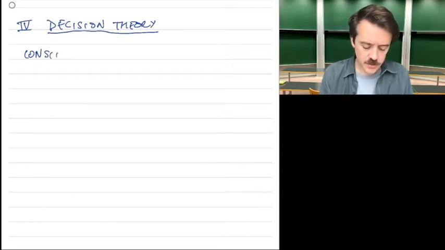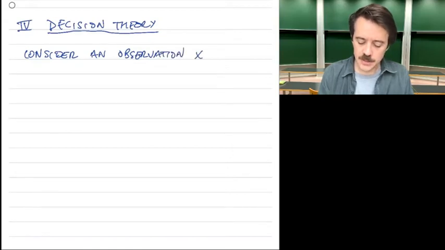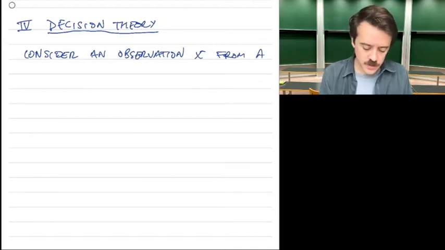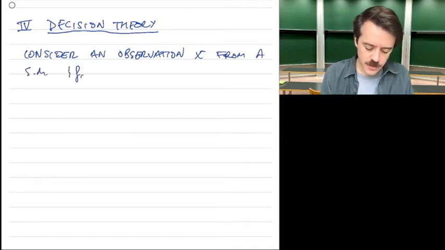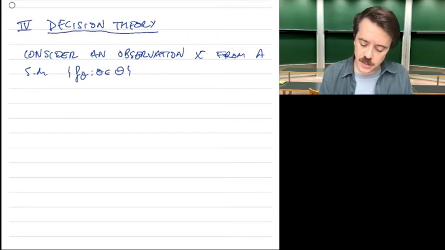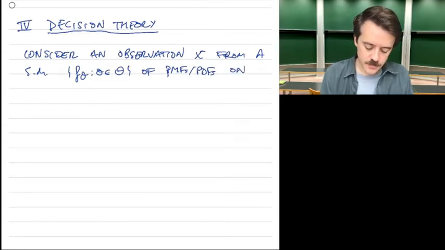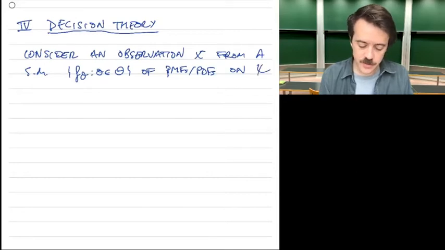So consider an observation capital X, and this is, as usual, going to come from a statistical model, P theta indexed by some capital Theta, of PDFs, PMFs, which are of course on a sample space, calligraphic X.